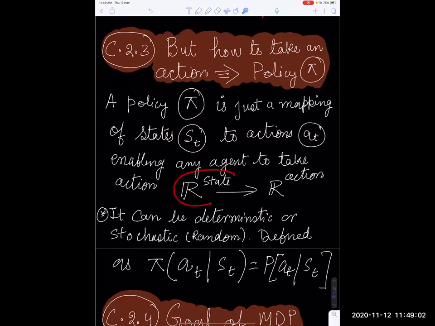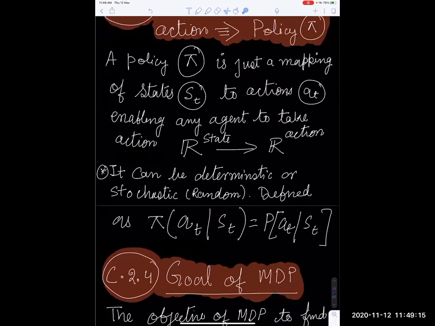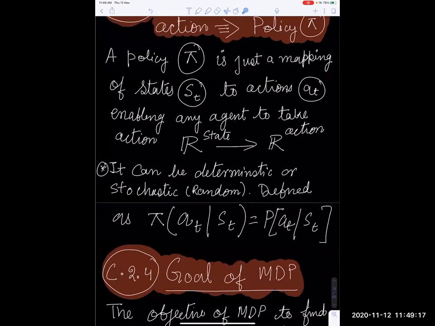It will take something from the state space and convert it into some action space. That type of mapping it is actually doing. What this pi is saying is that given s t, what is the action that you need to take.